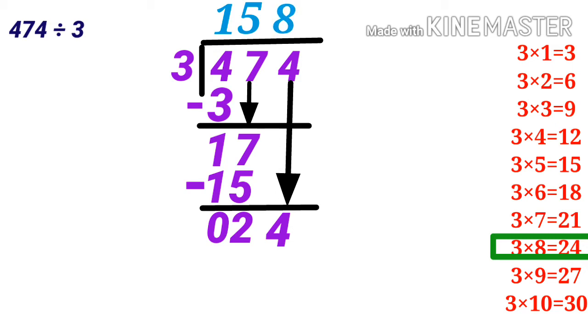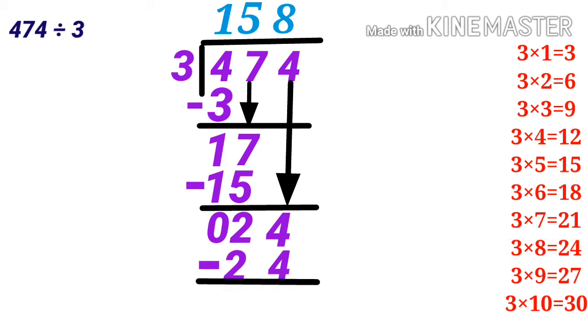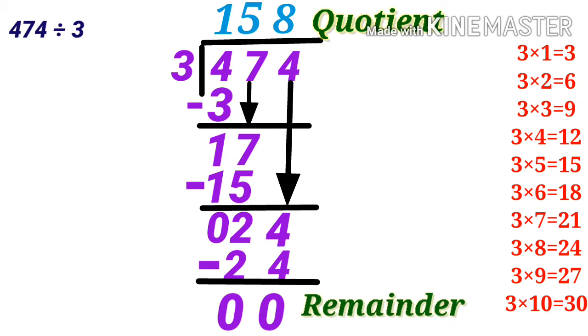Correct. Now, let me subtract 24 from 24. Well, I get a 0. And this finishes the division. I got the quotient as 158 and remainder as 0.